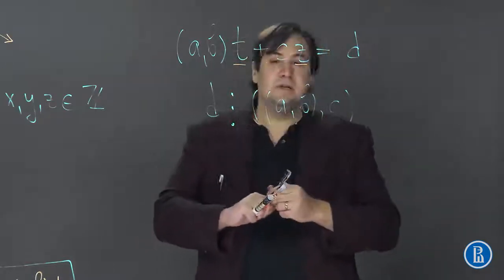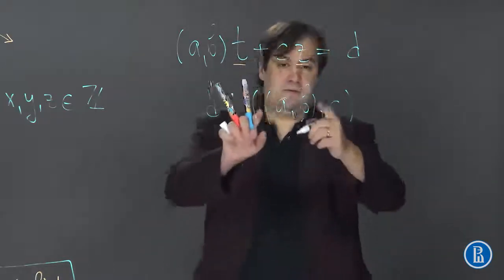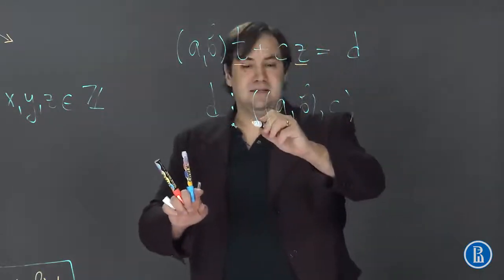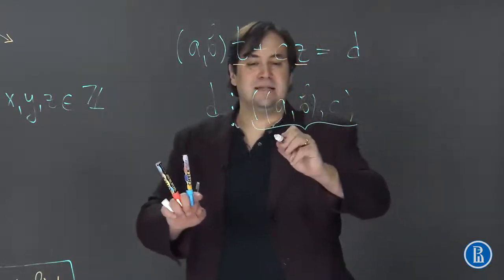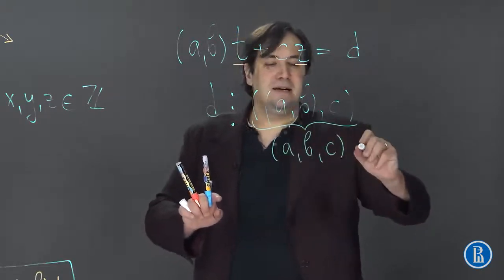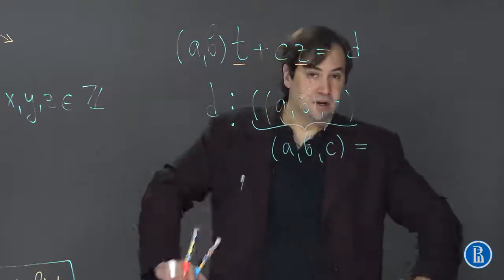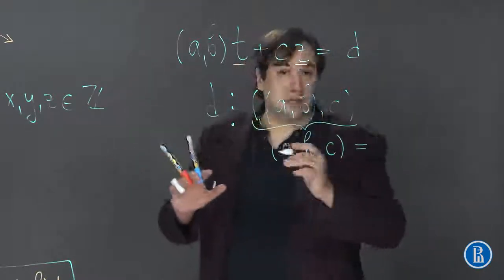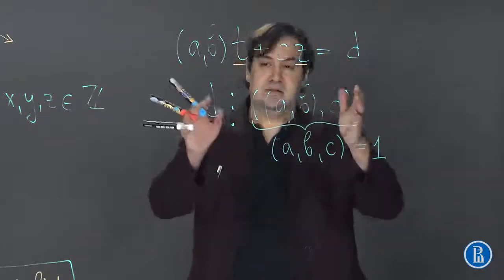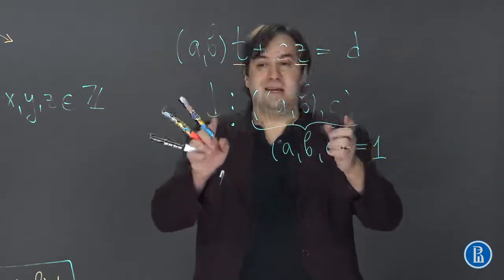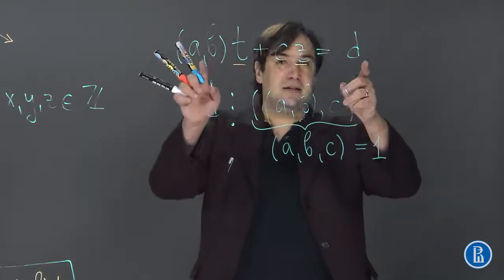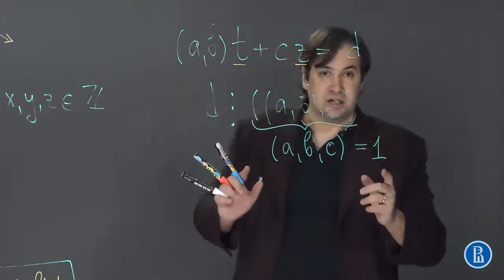But of course, the greatest common divisor of gcd(a, b) and c is precisely the greatest common divisor of a, b, and c, and we know that according to our initial conditions it is equal to 1. So this holds. d is indeed divisible by the greatest common divisor. This equation has an integer solution.